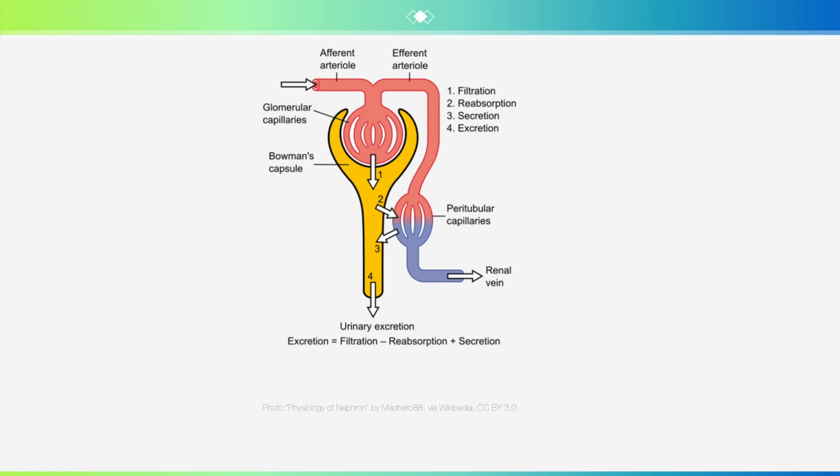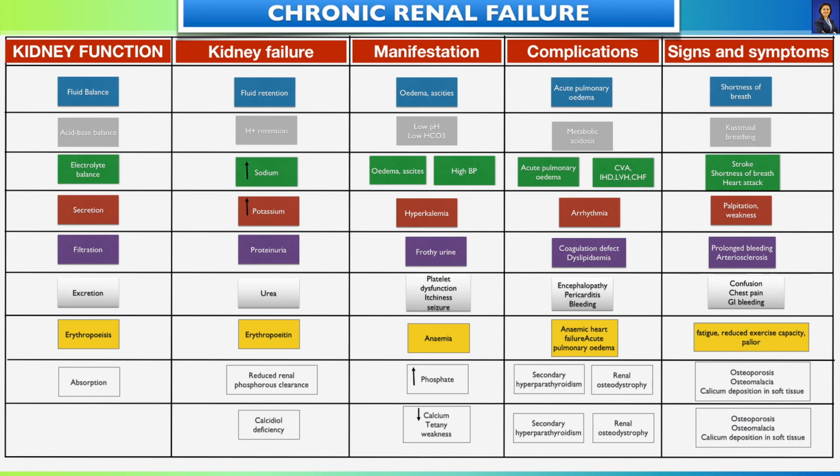But whatever is not filtered will go back to the blood circulation by the efferent arteriole. Apart from these functions, the kidney has another function, which is hormone production: erythropoietin, which is necessary for synthesis of hemoglobin. So let's look at chronic renal failure patients.